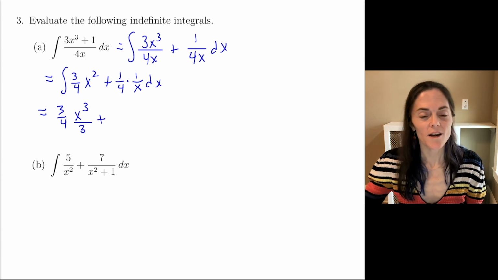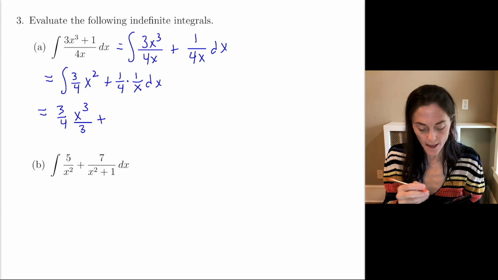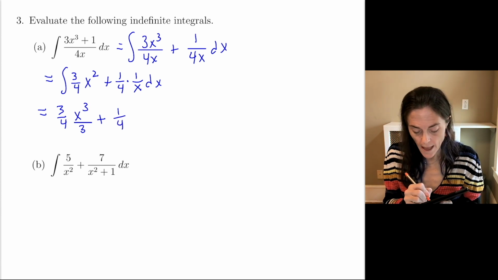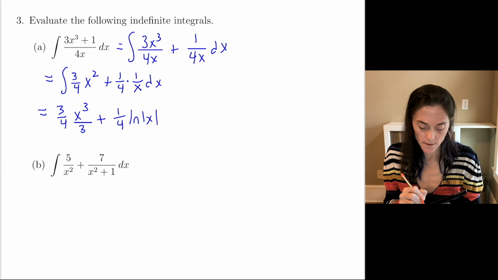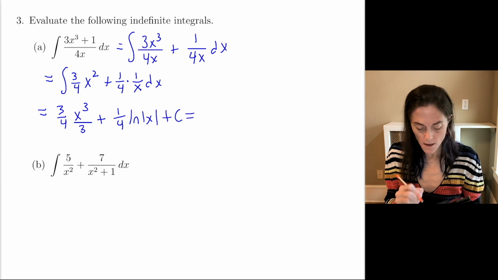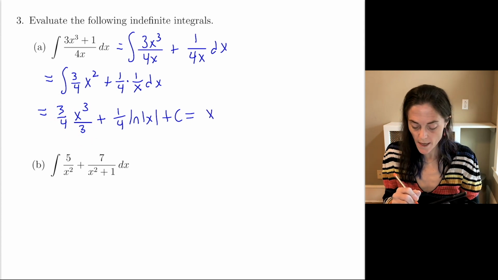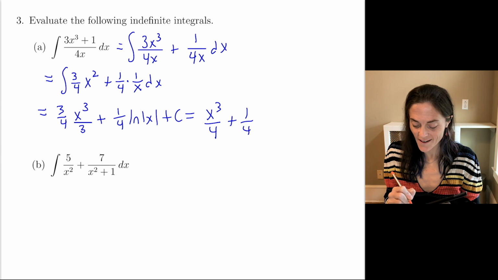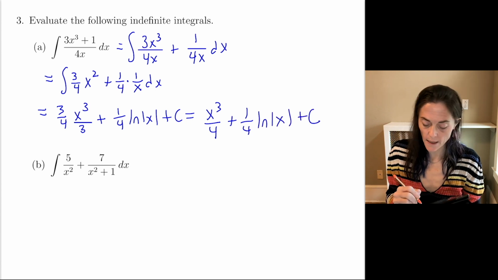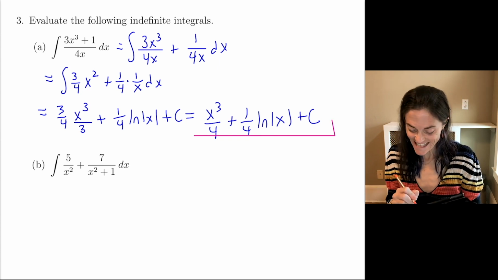If we integrate 1 over x, we have ln absolute value of x. So here we have 1 over 4 ln absolute value of x. Now, because I have 3 divided by 3, maybe I'll write it this way: x cubed over 4 plus 1 over 4 ln absolute value of x plus c. Don't forget the plus c when we are doing indefinite integrals.